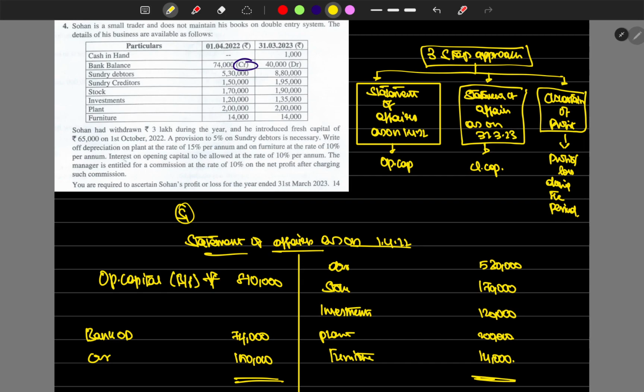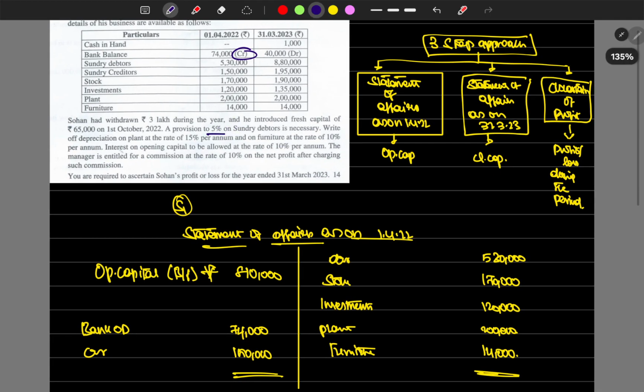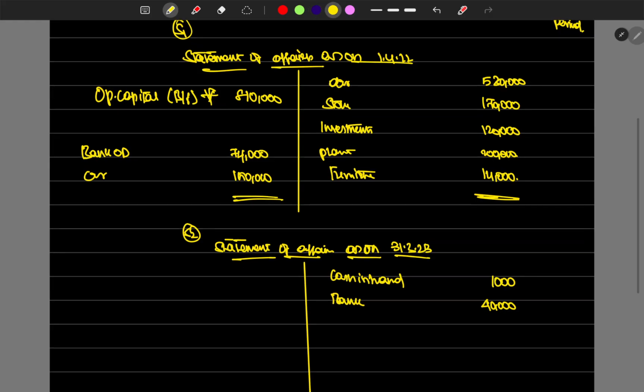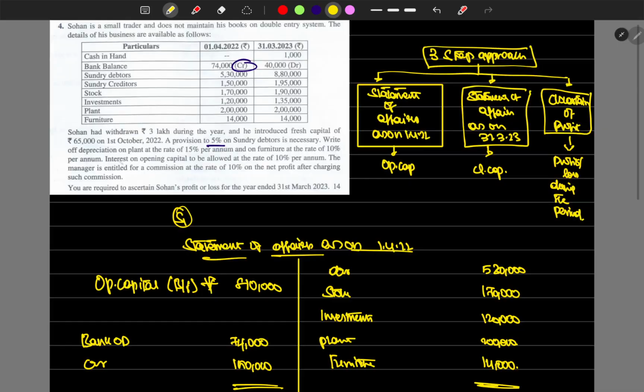Next, sundry debtors are 8,80,000, but in the question we are given a 5% provision that we have to deduct. Minus provision at 5%: 8,80,000 into 5% is 44,000. Deduct that, and 8,36,000 is the sundry debtors.